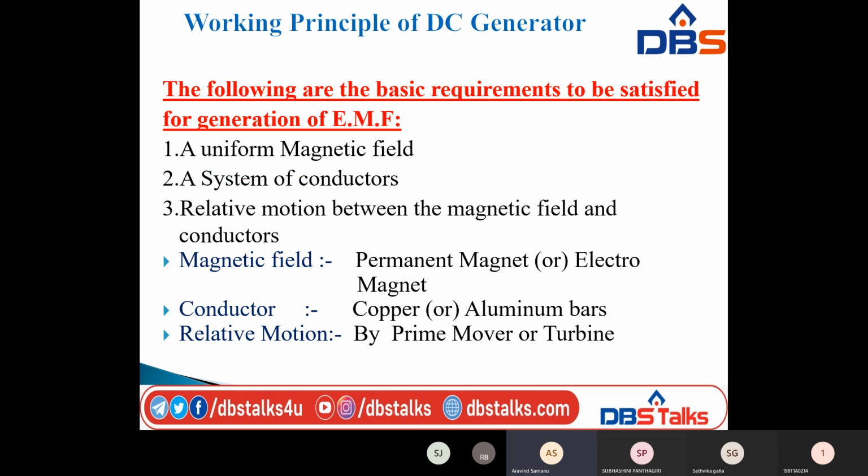Next, the following are the basic requirements to be satisfied for generation of EMF. One is a uniform magnetic field, another is a system of conductors, and another is relative motion between the magnetic field and conductors. The magnetic field comes from a permanent magnet or electromagnet, that is, a pole.